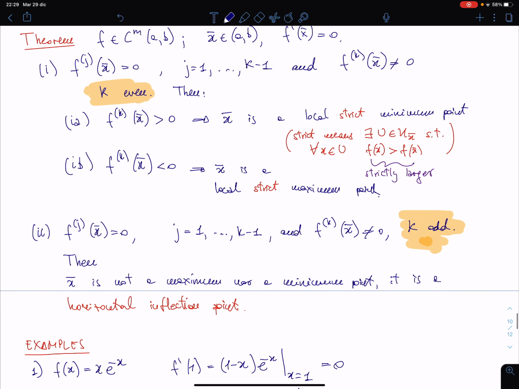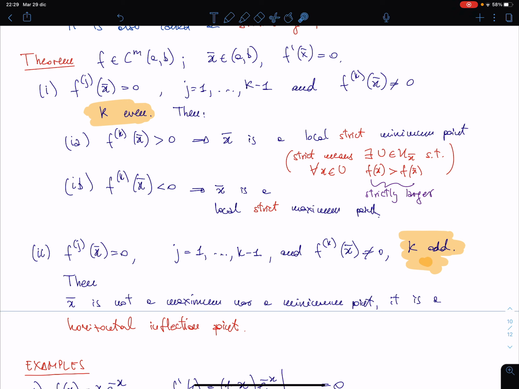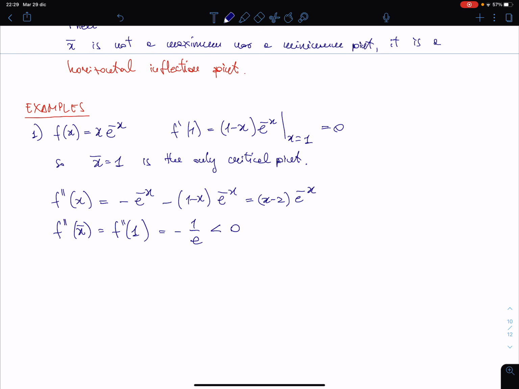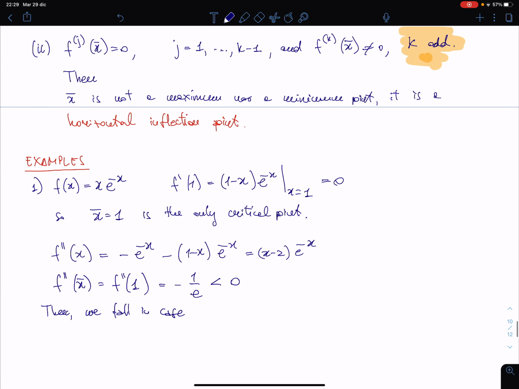So this is the case 1b. So the first derivative which is different from 0, of order k, is even, and this derivative is negative, so x bar is a local strict maximum point. Then we fall in the case 1b.